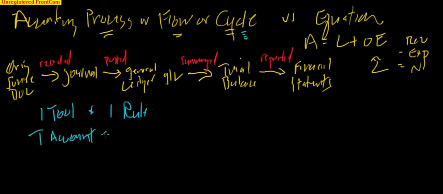The reason it's called a T account is because it looks like this. There is a T. See the T? A T account is a tool for understanding how a transaction impacts an account.